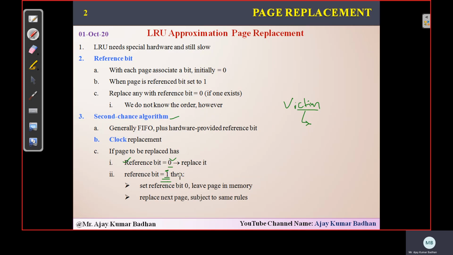And whenever a second chance is given to a page, its reference bit is set to 0, so that next time it can be removed. I will show you diagrammatically, so that it becomes easy for you to understand.